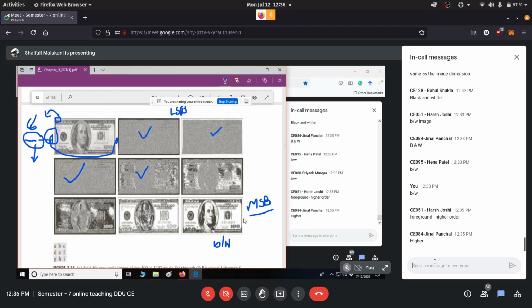Can you understand which image it was? You will easily understand that it was an image of a dollar. So if you don't want the background information, and that information is not much required, then you just need to store one bit.